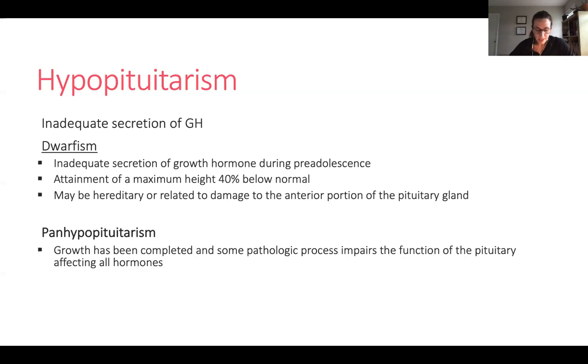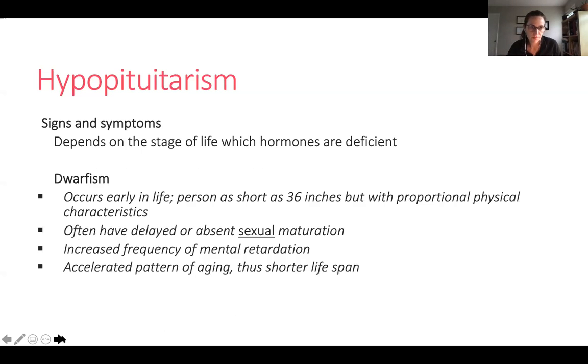And panhypopituitarism is when growth has been completed, but some pathological process impairs the function of the pituitary gland, and then it affects all the other hormones. So signs and symptoms will depend on which hormones are deficient.